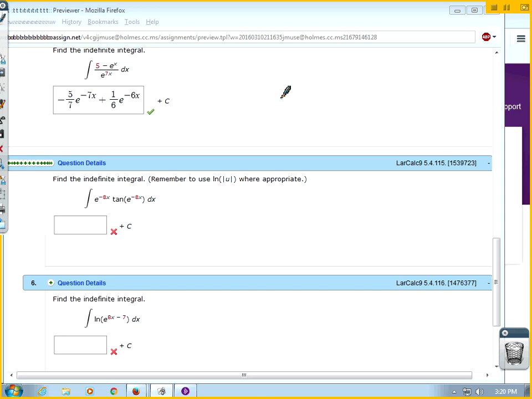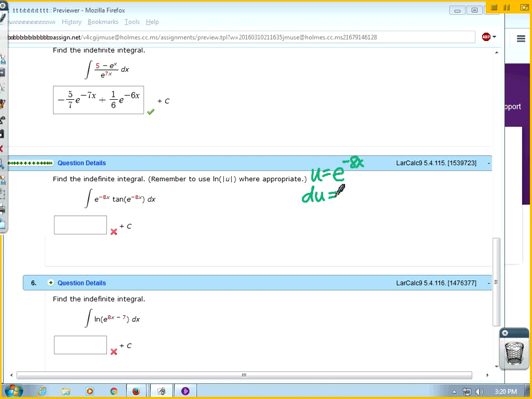All right. Our next problem, we have the integral of e to the negative 8x times the tangent of e to the negative 8x dx. So I'm going to let my u equal, not negative, e to the negative 8x.